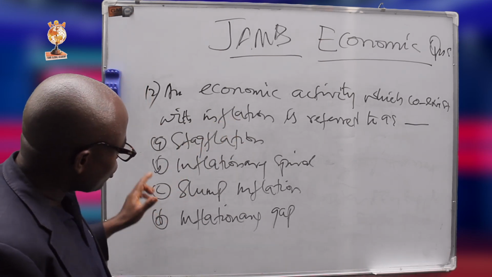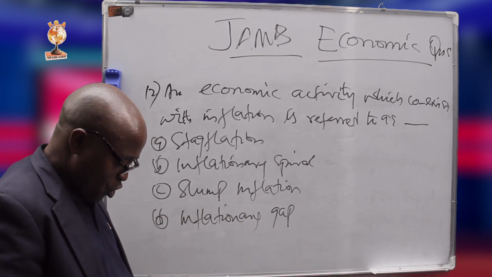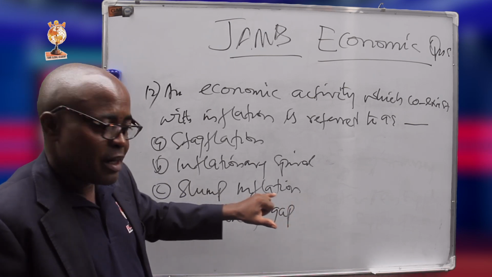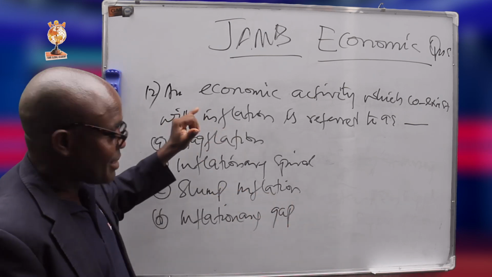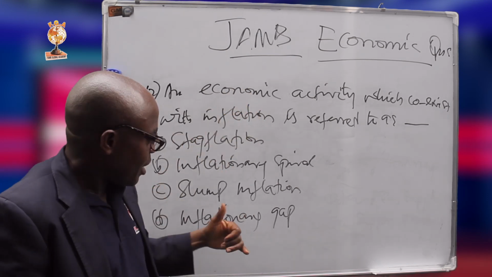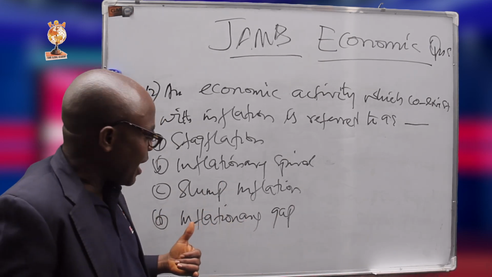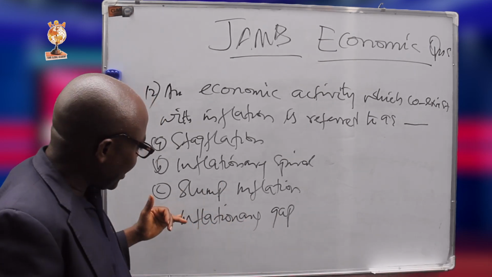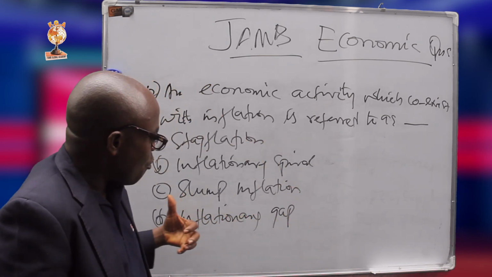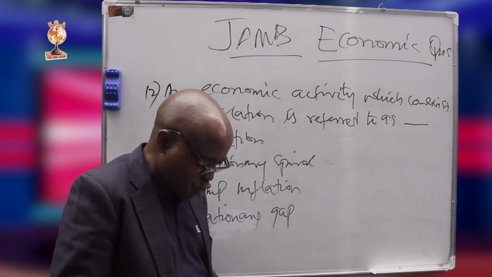Now we have what we call slump inflation. By slump inflation, we mean there is some idleness. Economists create a kind of idleness. When it is introduced into the market, these factors are not visible, but there are strategies they project into the economy to make the demand for labor drop.